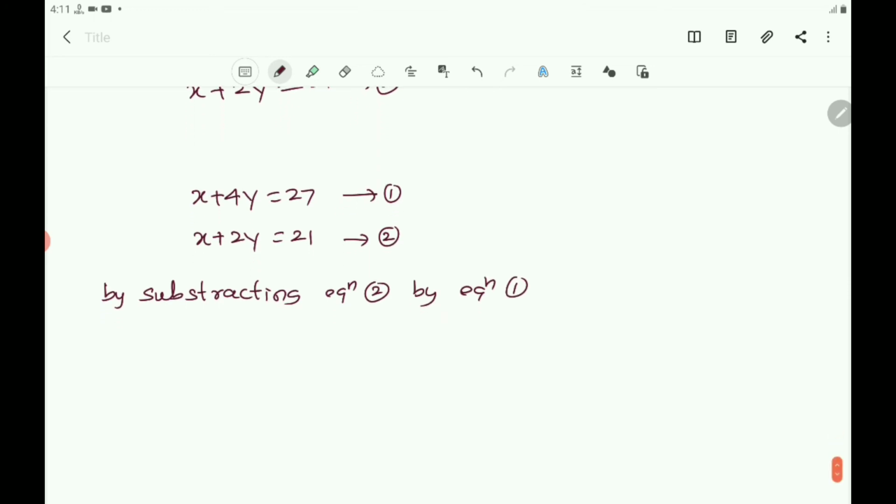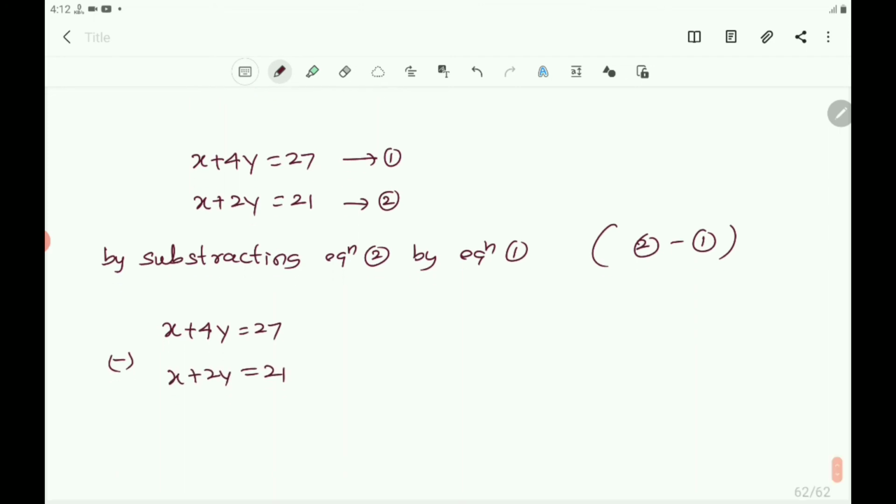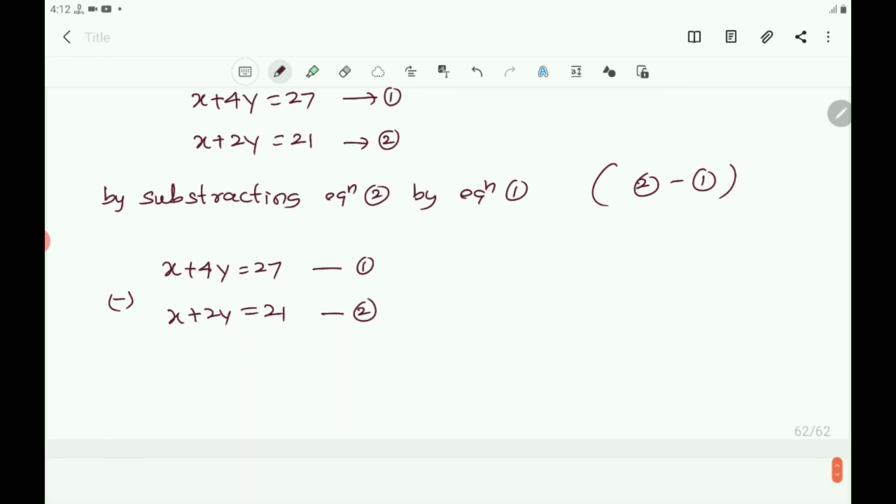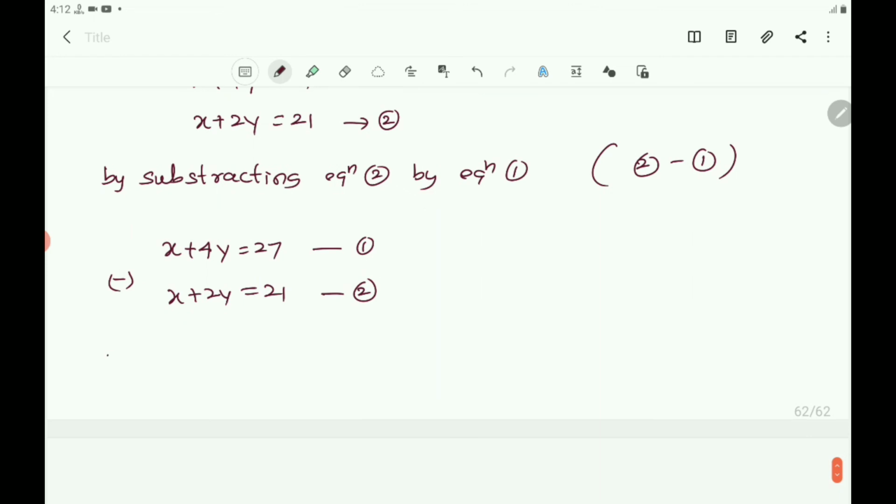That is, x plus 4y equals 27 minus x plus 2y equals 21.